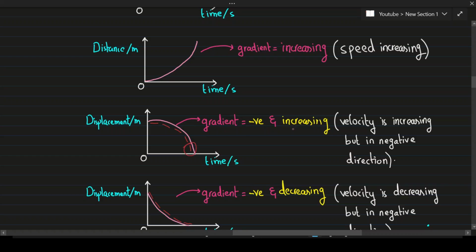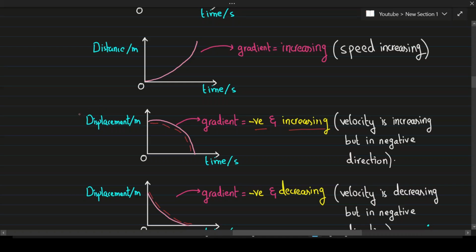So what does it mean? That the gradient is increasing. Second thing is that, if you remember, the lines are moving in this direction, which shows that the gradient is now what? Negative. So this implies that the gradient is negative and increasing.